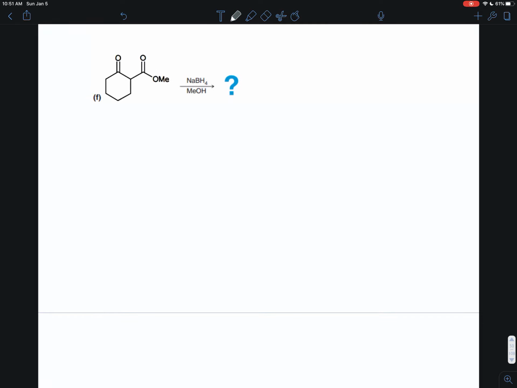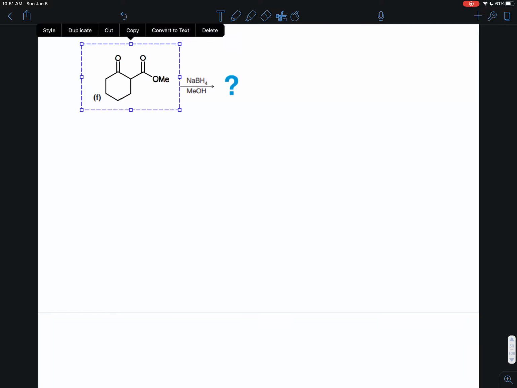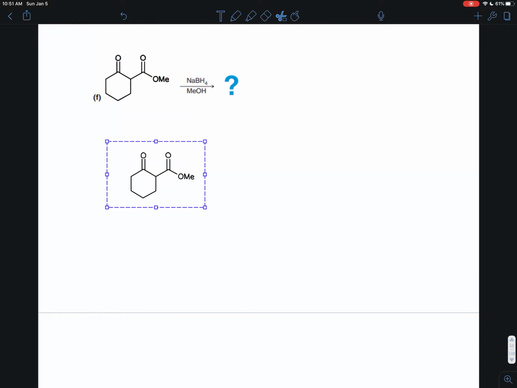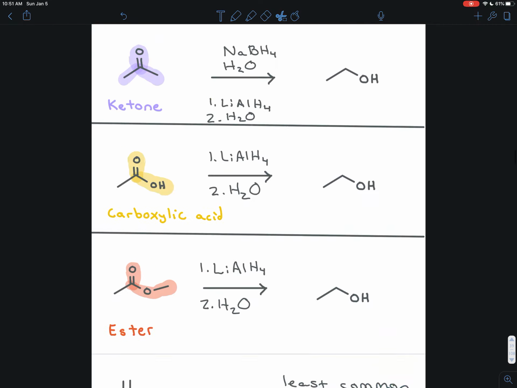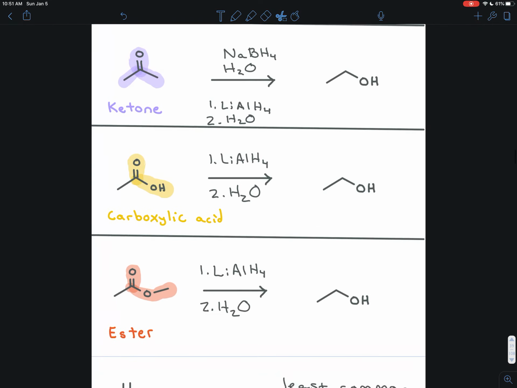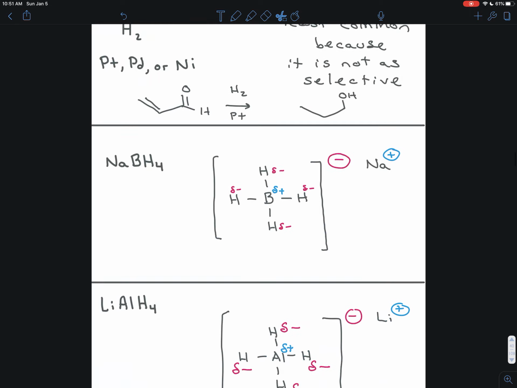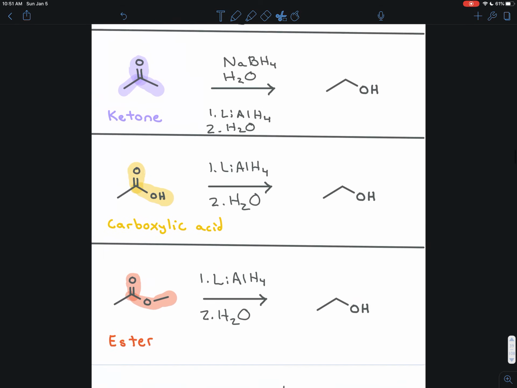And so if you scrubbed through that last example, this is where you would want to come back in. Now, we mentioned in the previous video how sodium borohydride is a weak reducing agent and lithium aluminum hydride is a strong reducing agent.